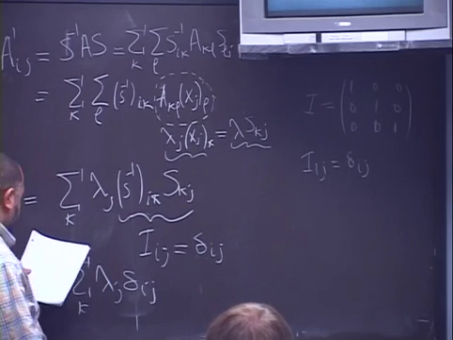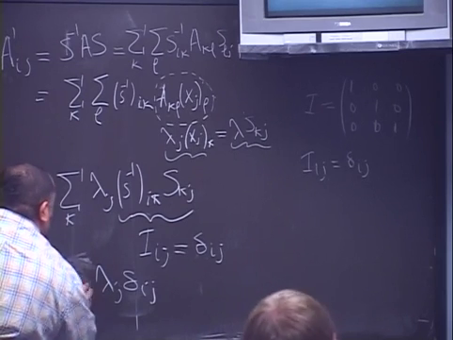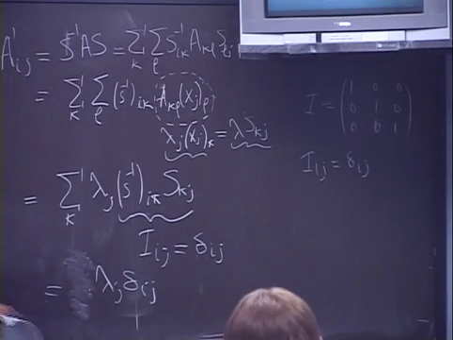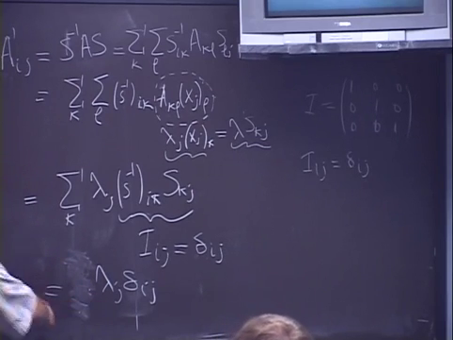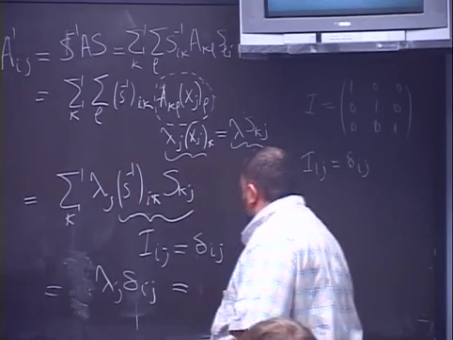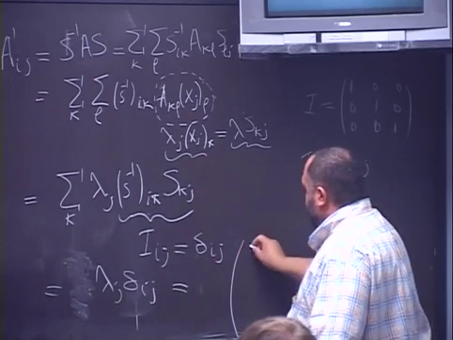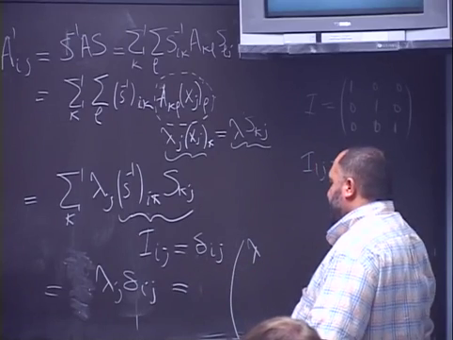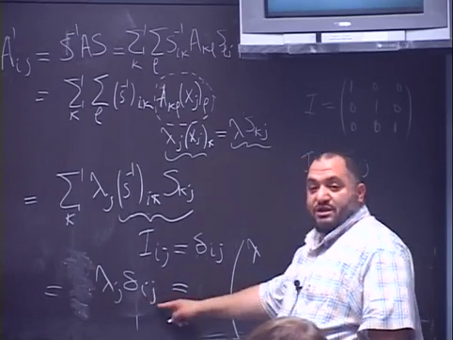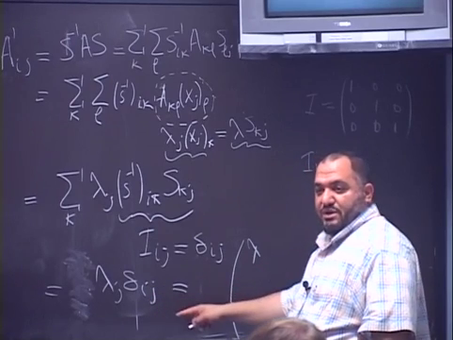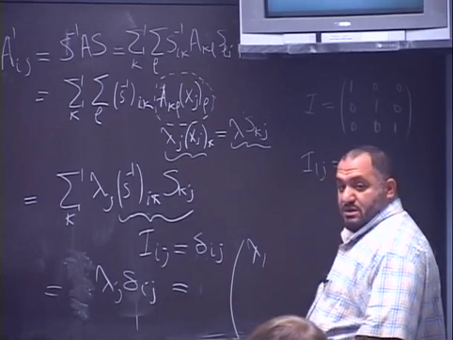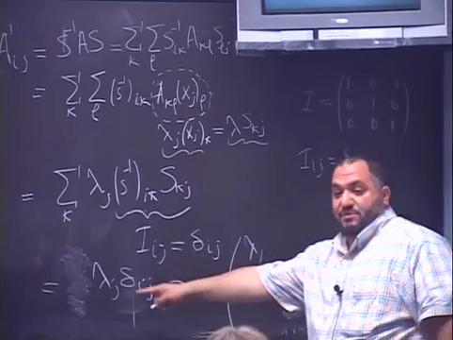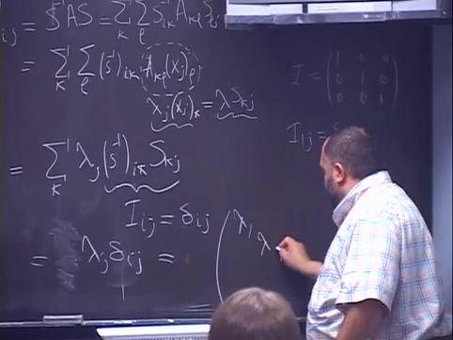This will give you lambda j delta i j. So let's say lambda j is lambda 1, and i equals j, so 1 1, this will be lambda 1. And when i does not equal j, this will be equal to 0. So I transformed my matrix to what?